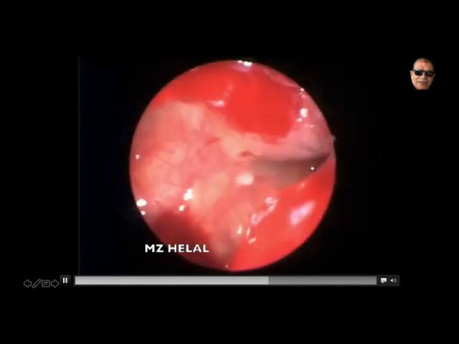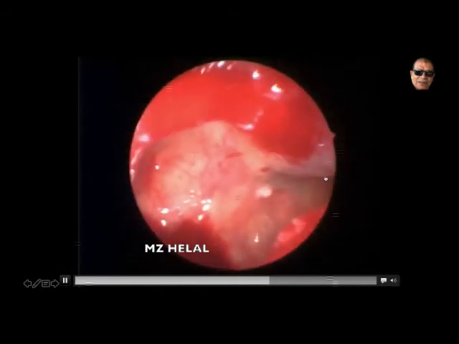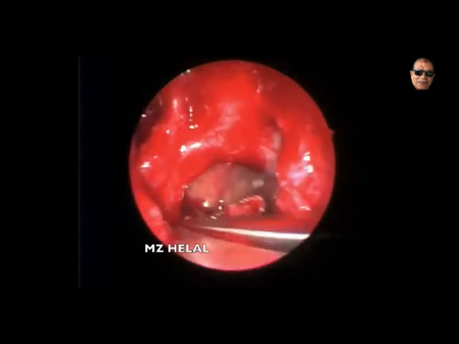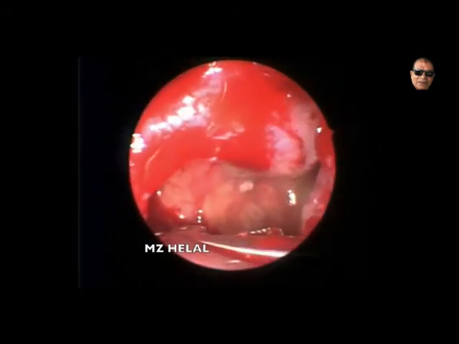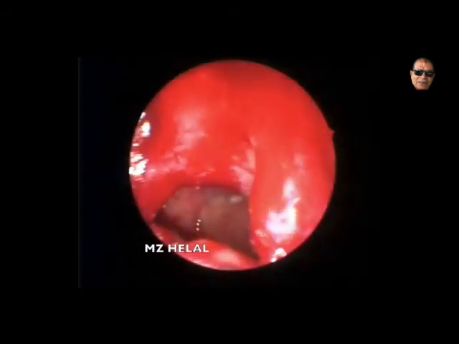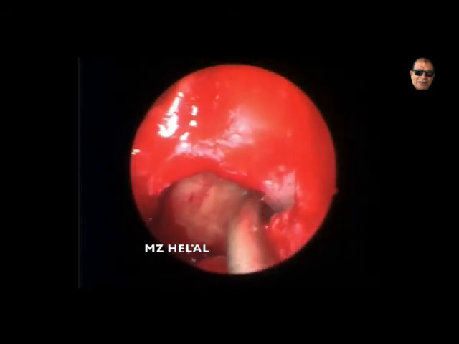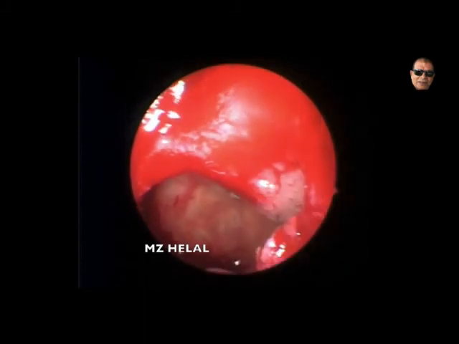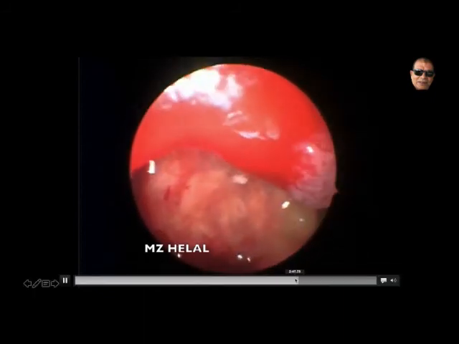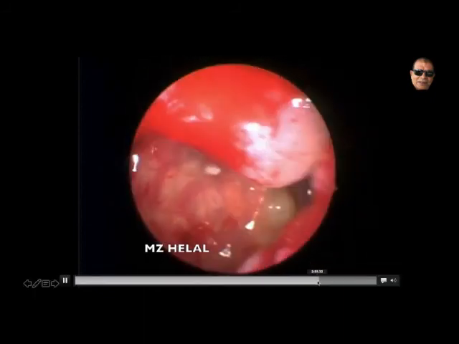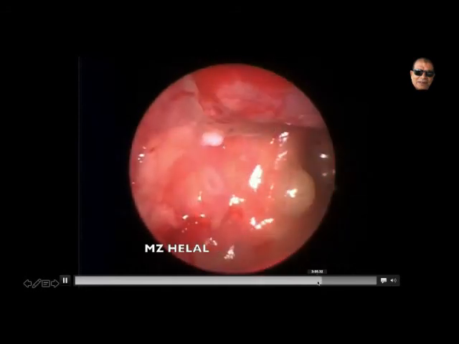Now here is the natural ostium area with some polypoidal mucosa. The remnants of the uncinate should be removed clearly around or near the area of the natural ostium, and then these polypoidal mucosa or sessile polyps have to be excised with shavers or with curved instruments like the Weisser forceps here.